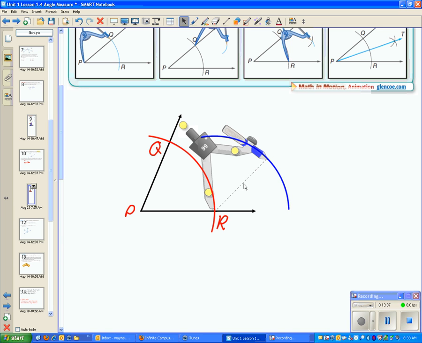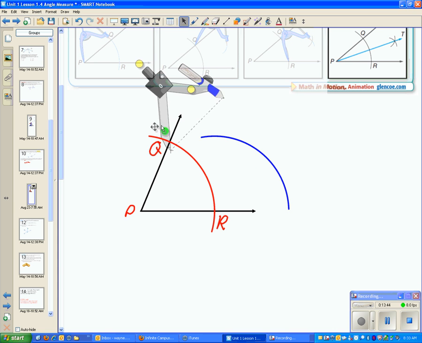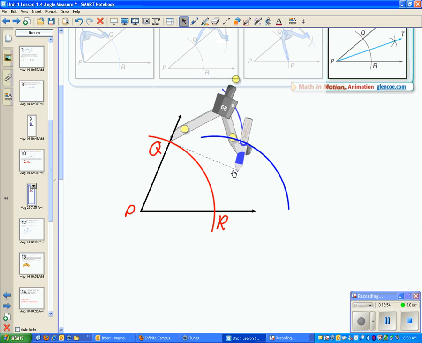So I made that arc from point R. Now I move my compass to point Q, where the arc intersected the other side of the angle, and I'm going to draw an arc that intersects the one I made from R. So I did that with the point at point Q. With me?